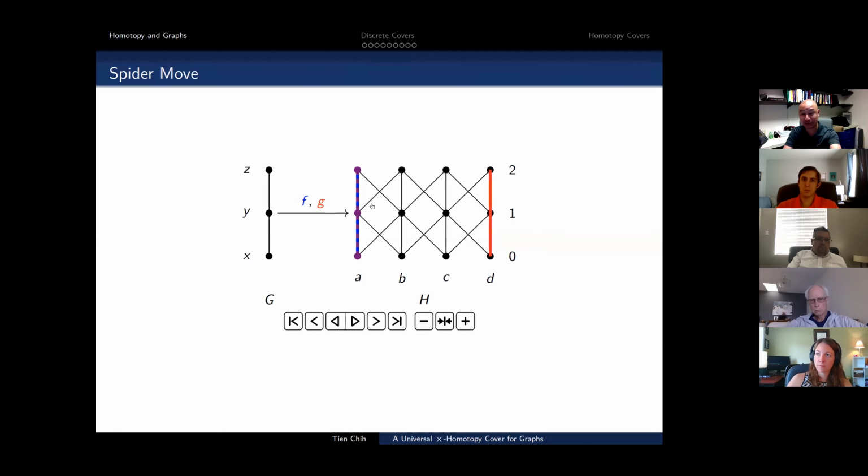So I should be able to spider move from this embedding into this embedding. So one thing I could do is move over, right? That differs by only one vertex, so that's a spider pair. And then another, and I could just keep walking forward like that, right?